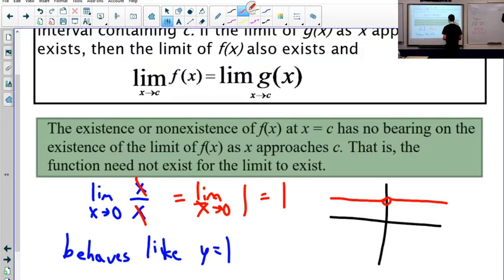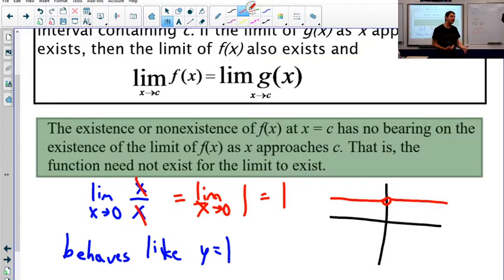So graph-wise, what's happening is that from the left and from the right, our values are getting closer and closer and closer to 1. As x gets closer and closer to 0, that's what the y values are approaching. Algebra-wise, what's happening is that if I'm looking at anywhere except 0, and we're just looking at points around 0, we're not looking at 0 itself.